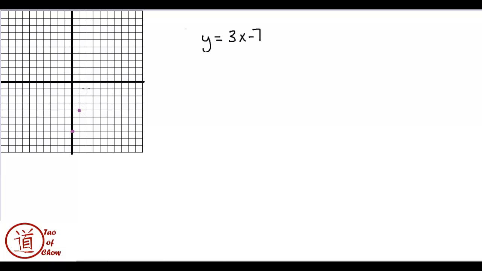So something like that, and I can draw a line passing through all these points. That line there would be the line of y is equal to 3x minus 7.